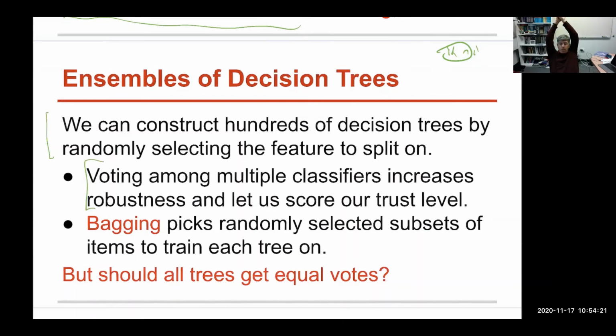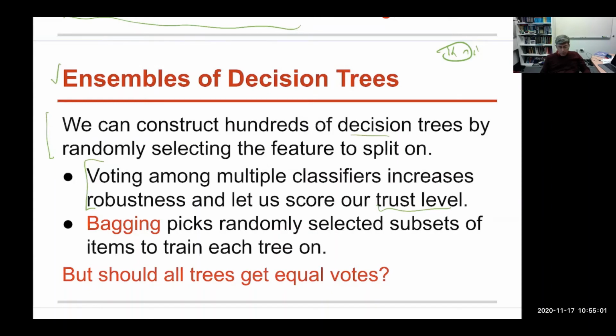We can vote on them and use the vote to decide which class is best, because it's a class that came up in more of the trees. And as I said, if you have 1,000 trees, the percentage of them that agree with the label gives us a measure not only of a label, but of how much we trust it. So ensembles of decision trees are a good idea. One way to build them was to split on different variables.